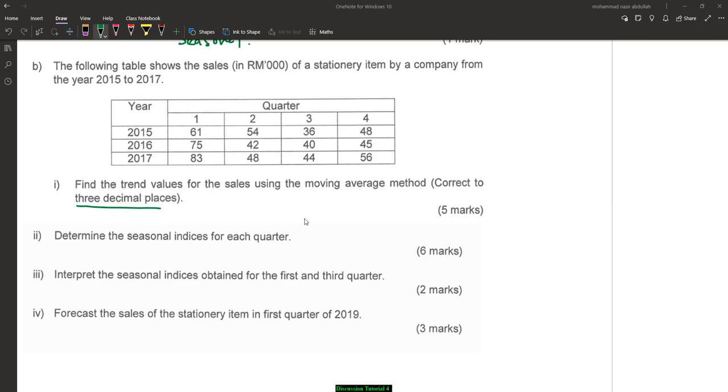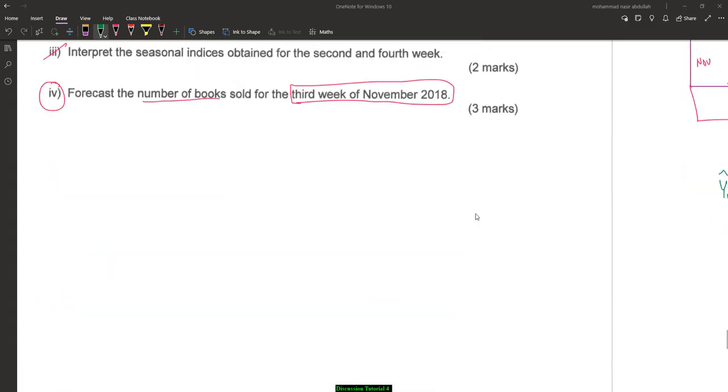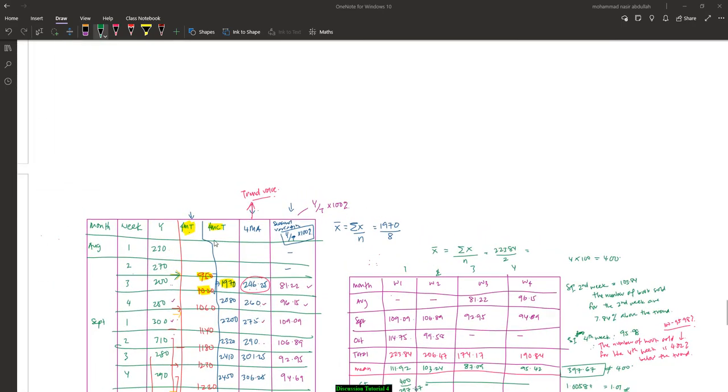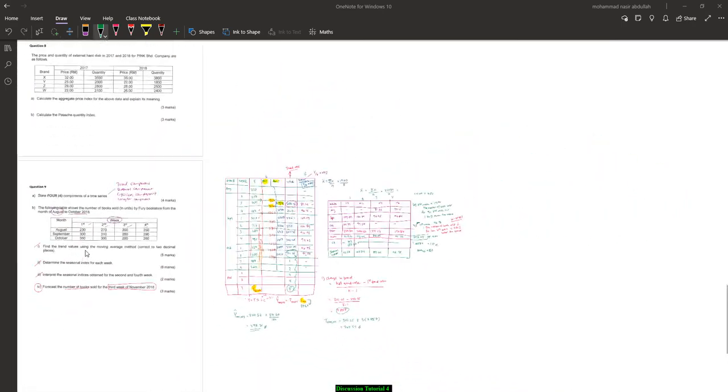Sir, saya nak tanya macam mana pembahagian markah untuk nak cari trend value tu using moving average method? Kita tengoklah. This one, it depend on marks.